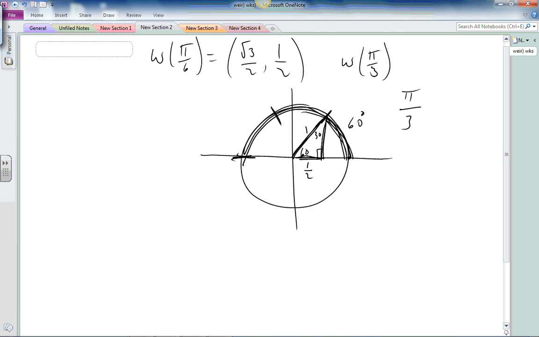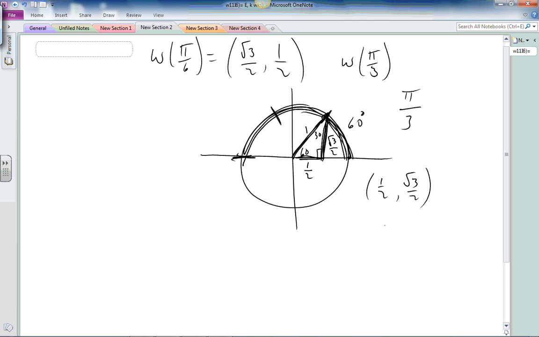And we know that the long leg, which is the one across from the 60-degree angle, is the square root of 3 times bigger than that. So this would be the square root of 3 over 2, which means the coordinate of that point right there would be 1 half, comma, square root of 3 over 2.